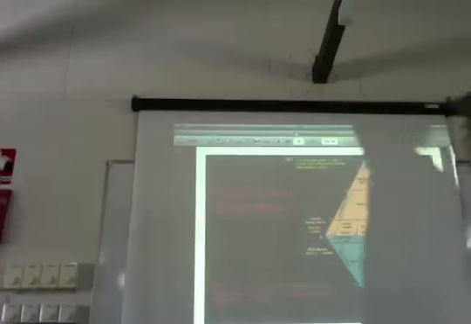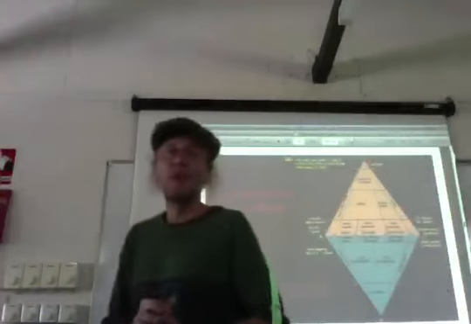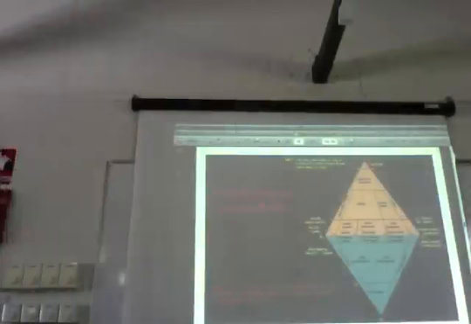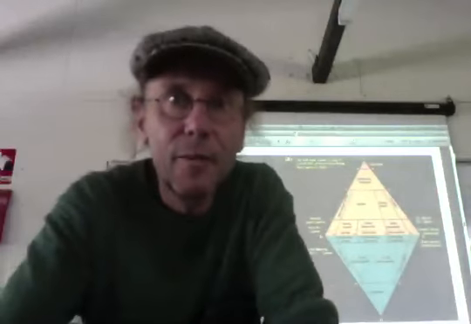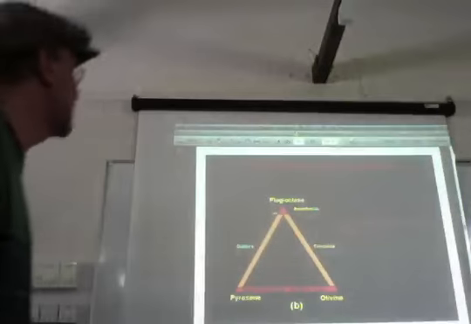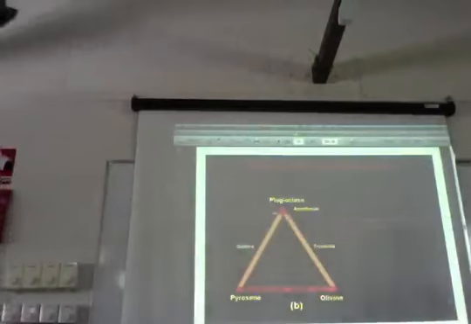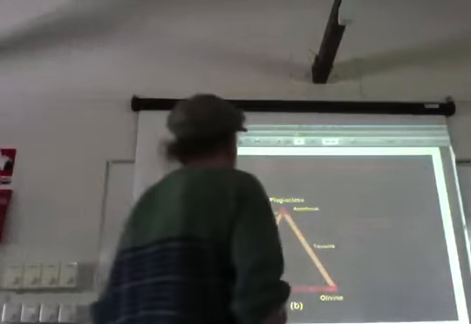So this is now the classification plot for the plutonic igneous rocks, but every plutonic rock is an igneous rock. Now I will show what I have prepared next as a figure. Here we have again a triangle, and this triangle is used for classifying the gabbros.